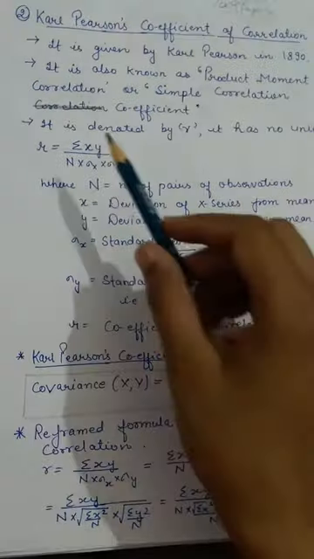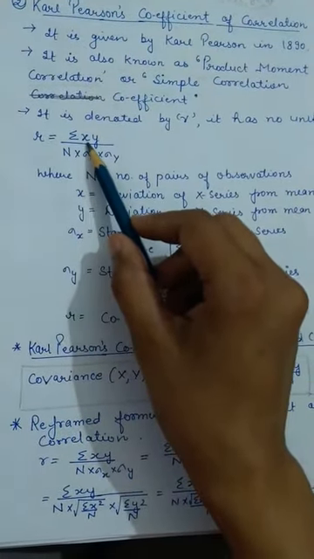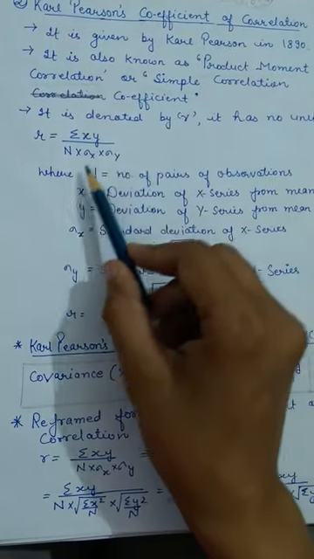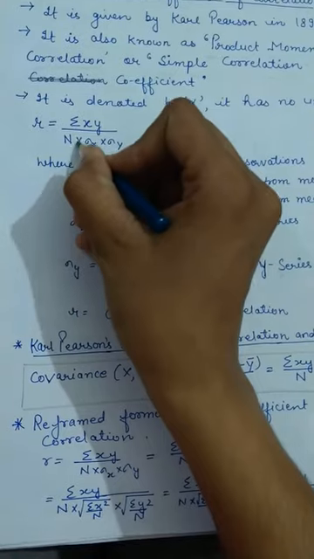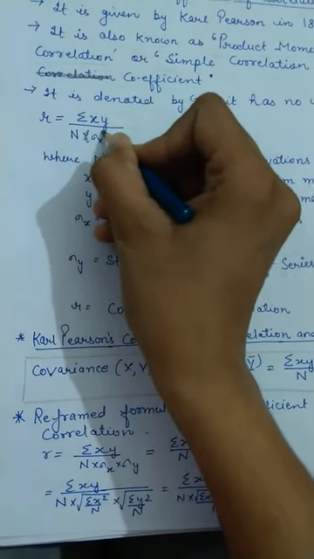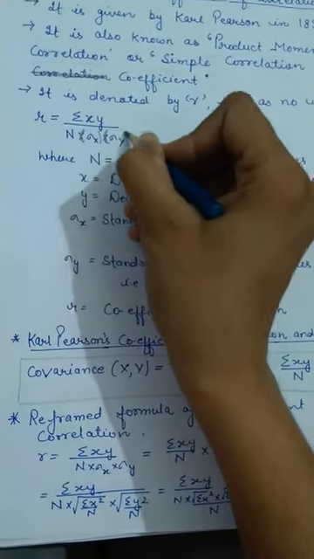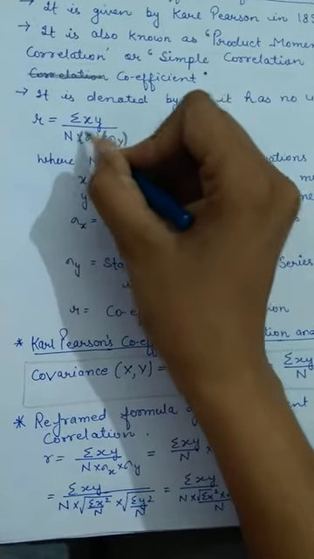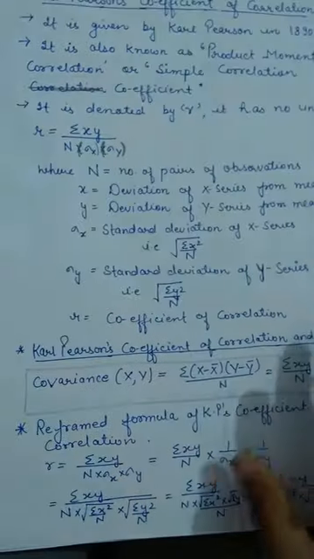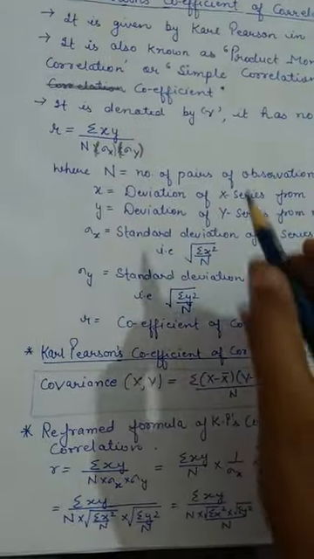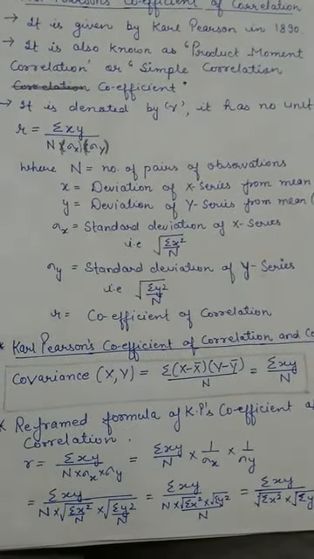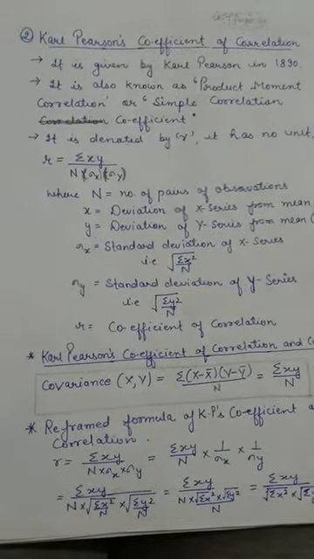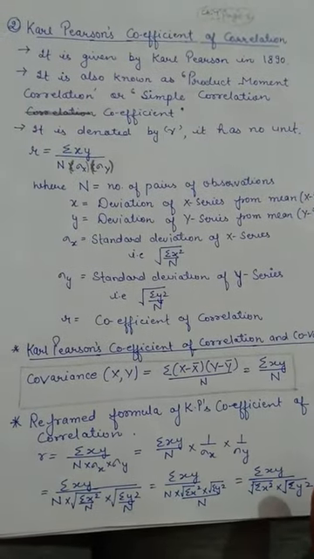The formula is given here, that is sigma small x into small y upon N into, it is a multiplication sign, so I have put brackets here. What is N? N is the number of pairs of observations. How many observations are given in the table? What is x?